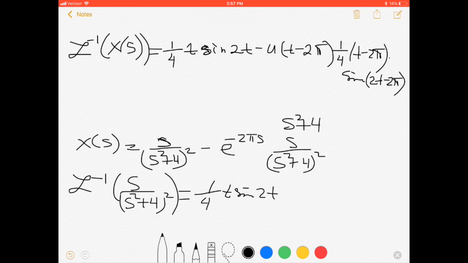Remember, sine function is a periodic function and its period is 2 pi.